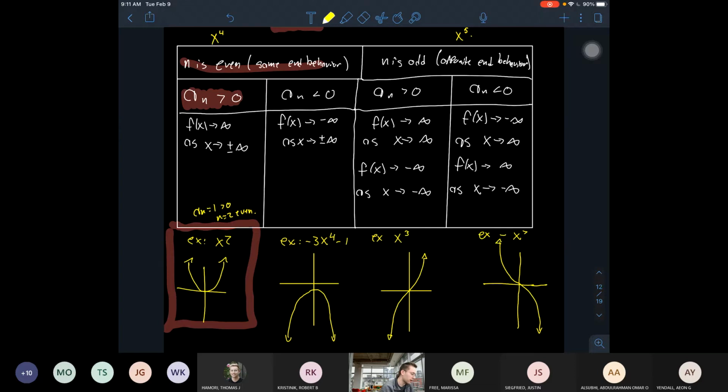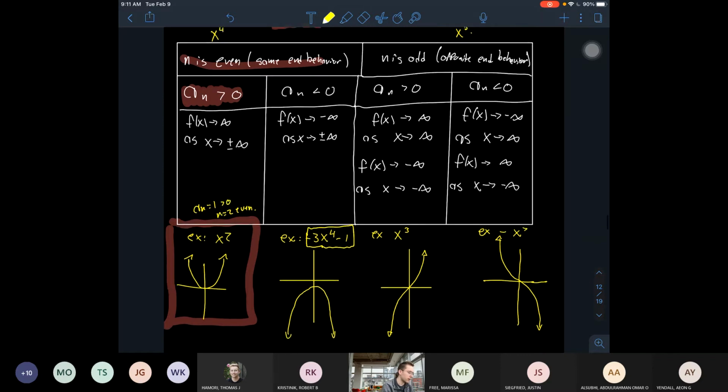We have both of those ends going up, up, up forever to infinity. But if we have something like negative 3x to the power 4 here, we have an even degree polynomial, but a_n is less than 0, so we know that both ends are going down forever.